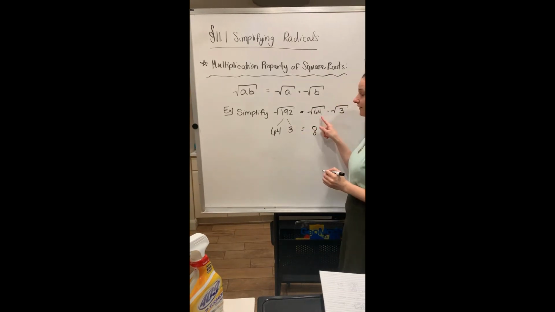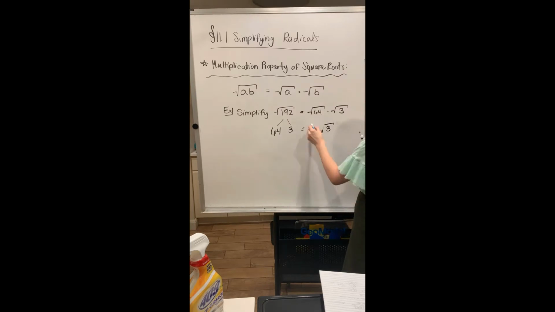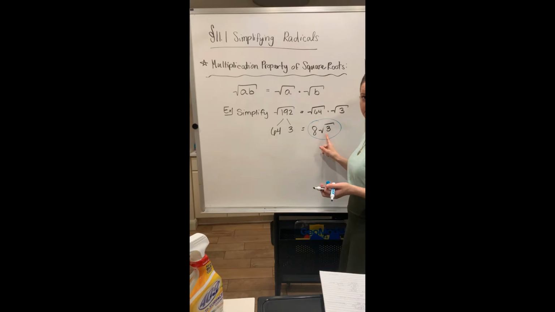So I can simplify the square root of 64 to be 8, but I still need to multiply it by the square root of 3. And so the simplified form of the square root of 192 is going to be 8 square roots of 3. And that is how you can simplify a square root. Notice that the radical still exists. We're still taking the square root of a number, but it's a smaller number than 192. It's going to be 8 square roots of 3.